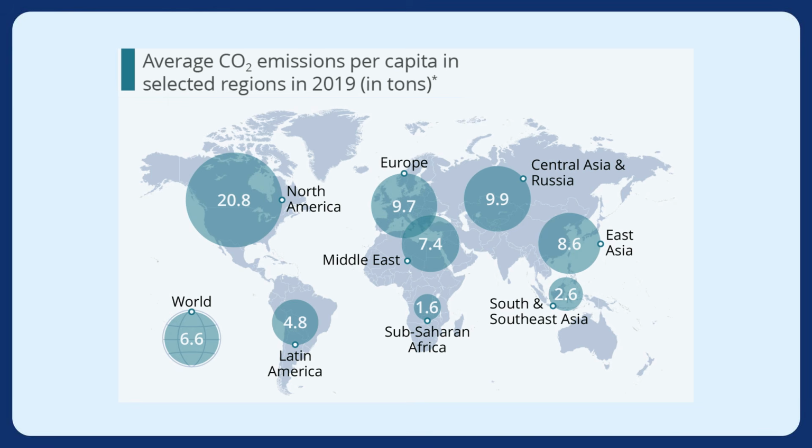So if we look back at the map, we can see that North Americans emitted, that's an important verb here, about 21 tons of CO2 per capita or per person, while sub-Saharan Africans only emitted 1.6 tons of CO2 per capita or per person. Now, when you describe any image, you have to make quick decisions, very quick decisions about which data you're going to describe.